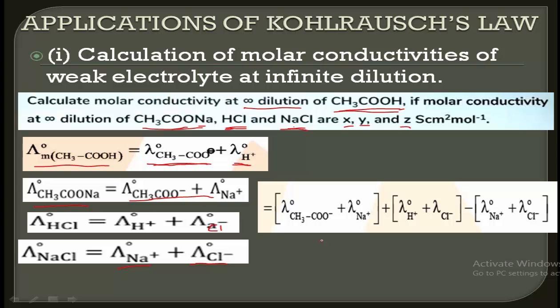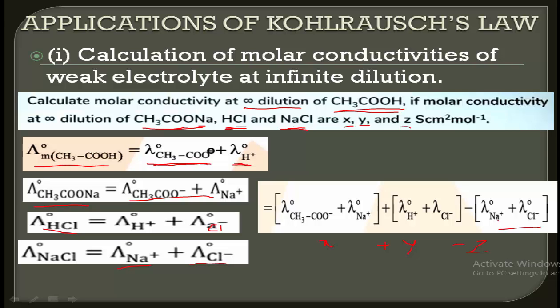Let us consider this one as X. Then next add Y, that is lambda naught H plus plus lambda naught Cl minus, the limiting molar conductivity of HCl, and minus NaCl, lambda naught Na plus plus lambda naught Cl minus. Why have we written it like this? X plus Y minus Z.